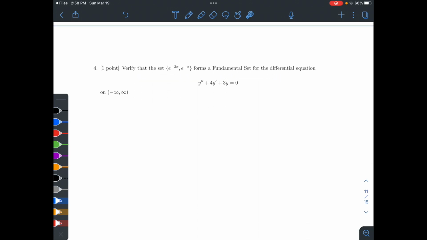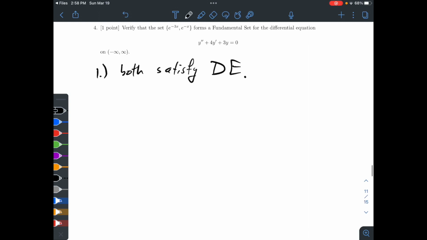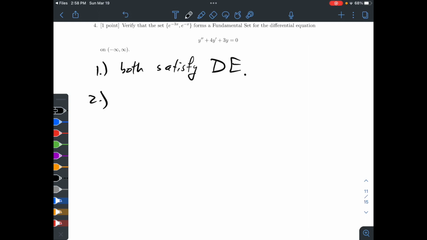Verify that this set forms a fundamental set for a differential equation. To verify that something forms a fundamental set, there are two things that you have to check. One, that both of them satisfy the differential equation, and then two, you have to show that the Wronskian is non-zero.